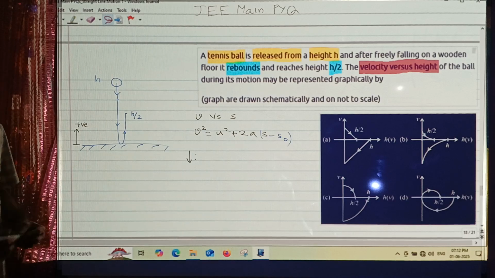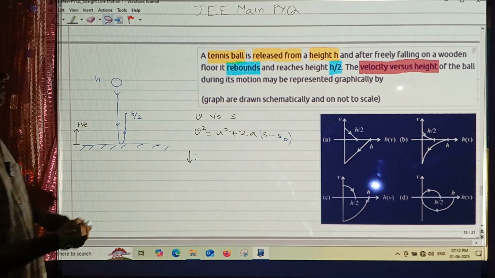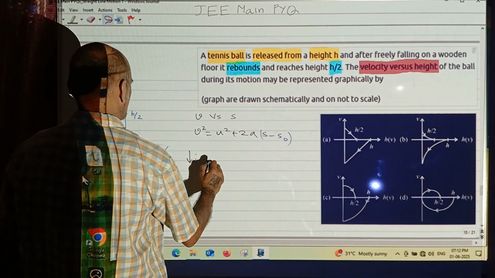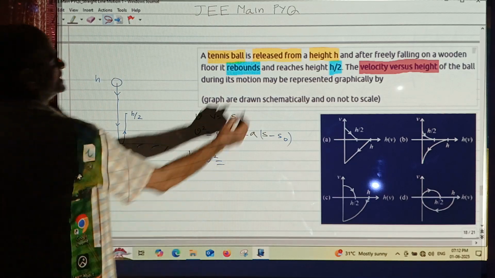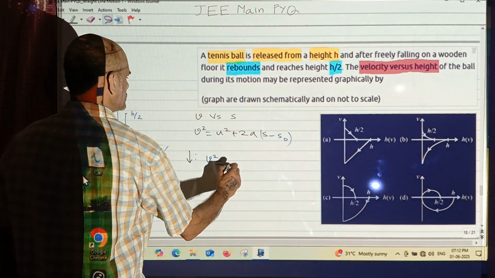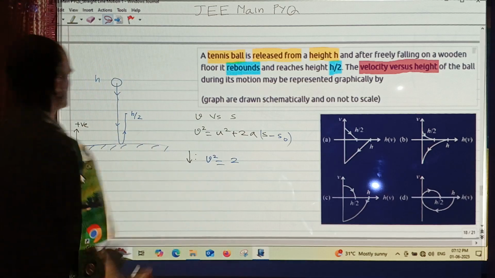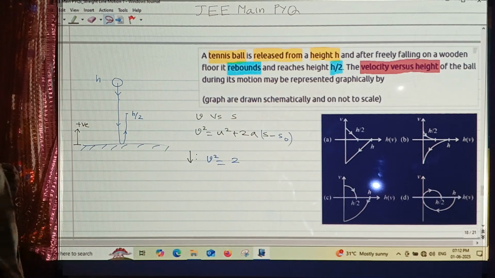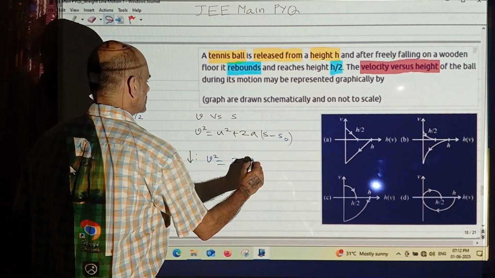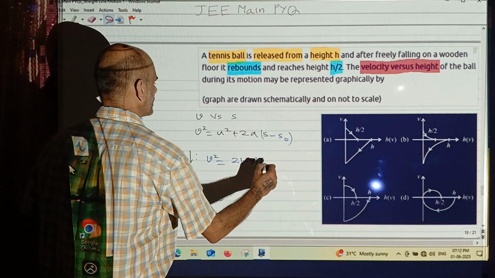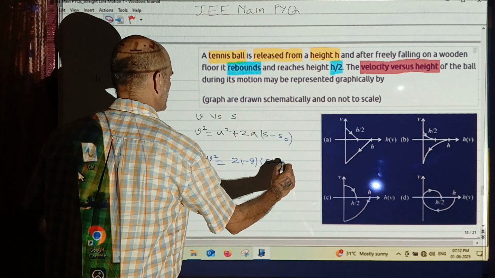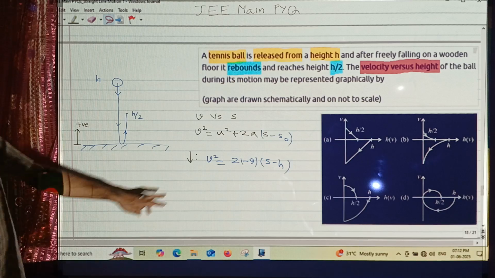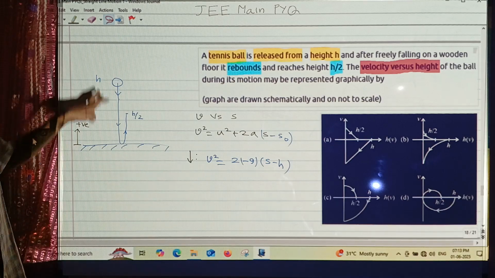Writing v square equal to u square, u is 0 because it's released from height h, and acceleration is downwards, minus g, due to the Earth's gravity, and s minus the initial height h. So this is the equation for the downward motion, the first part of the motion.